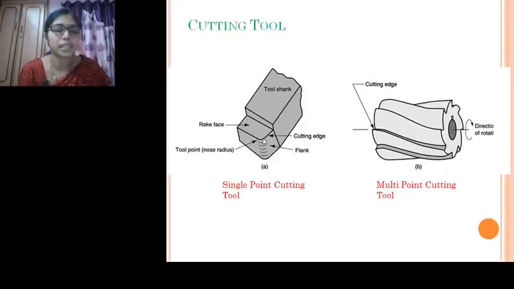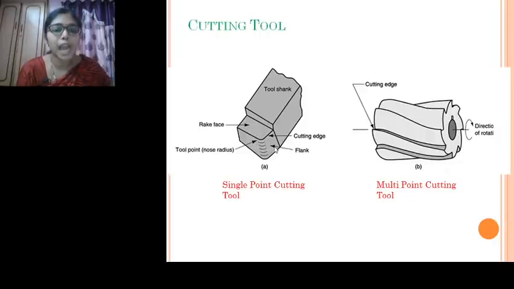The cutting edge is the one which participates in the material removal process, in the machining process. Whereas the rake face is the one on which the chip moves, after the material is removed, the chip travels on this surface. That is the rake face.